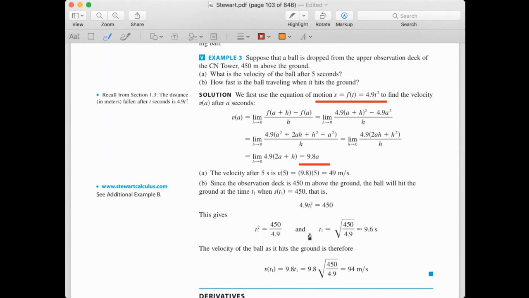Do the arithmetic. So t equals about 9.6 seconds. So the velocity of the ball as it hits the ground is therefore 9.8 times the time we found, which is 94 meters per second. All right.